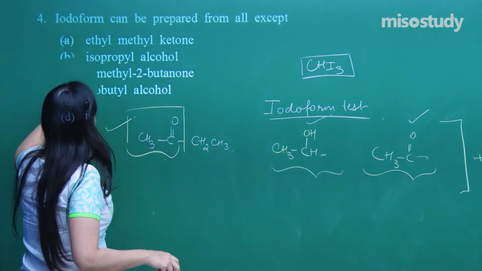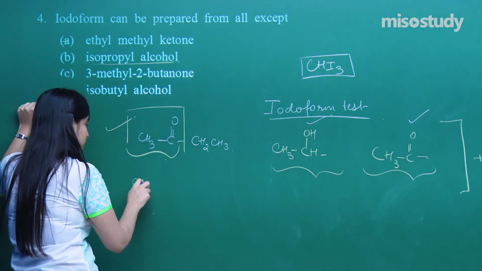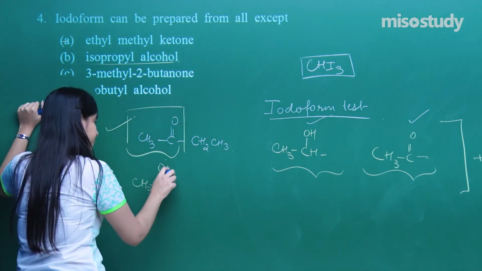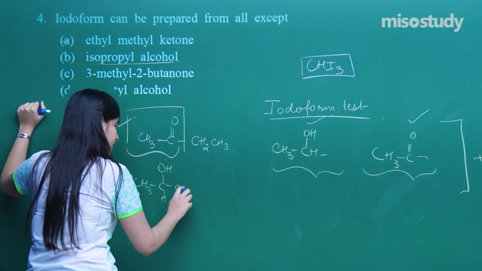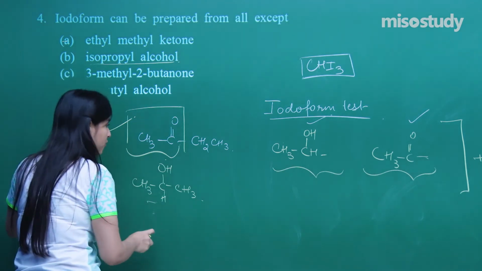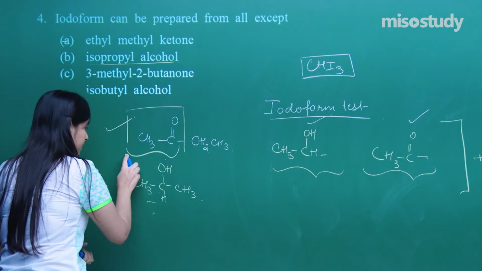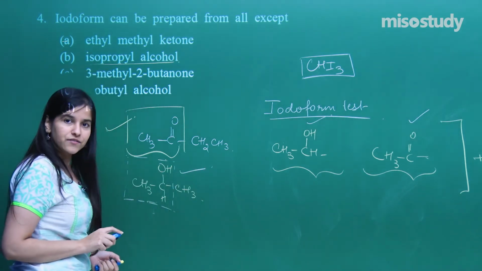give the iodoform. If I go on to isopropyl alcohol, what is isopropyl alcohol? It is this. This is isopropyl alcohol, and if you see very carefully, I have again got the group over here. That means this will also give the iodoform test.